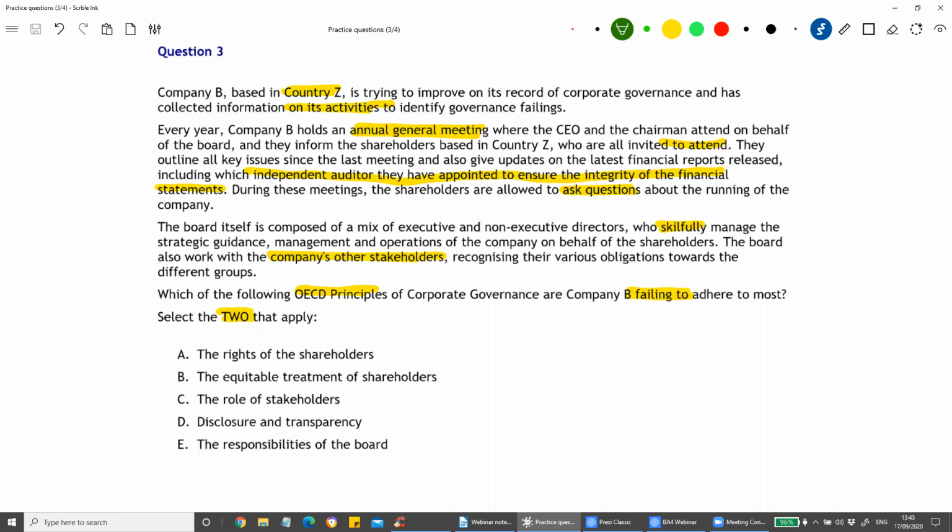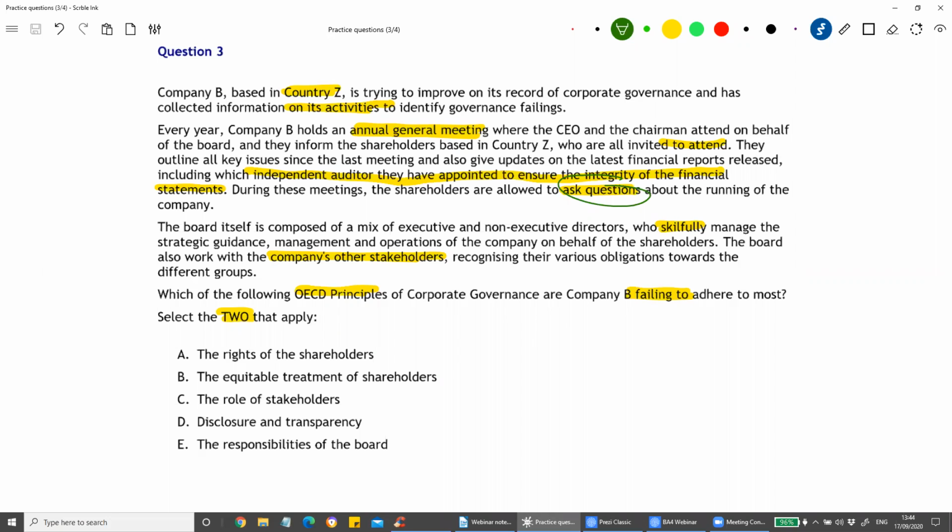So the rights of shareholders, okay? So what do we know when we're talking about the rights of shareholders? Well, we know that an organization should have an area or a chance for the shareholders to ask questions, which we've got, and to vote on any important issues. So actually, when we first read this through, I thought this was one of the ones that were okay.